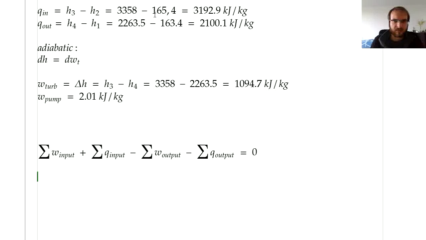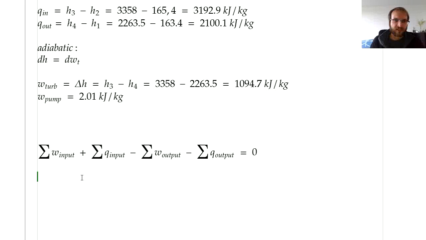So let's just try to put the values in by yourself, and it depends how precise your values were. In my case the result was plus 0.05, and probably the main reason for the inaccuracy was in the determination of the pump work, from the assumption of an ideal liquid.